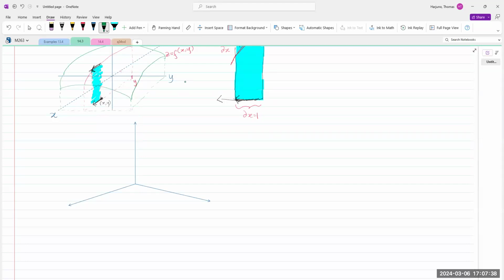Let's say this is the surface. And that is the shadow of that surface on the XY plane.